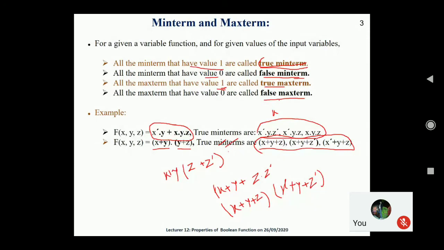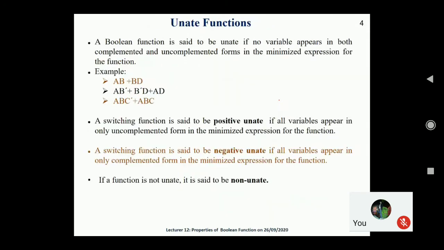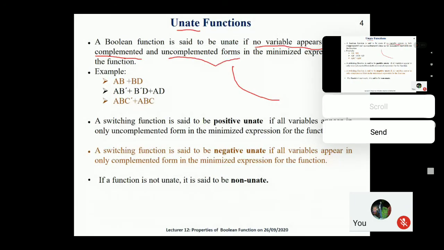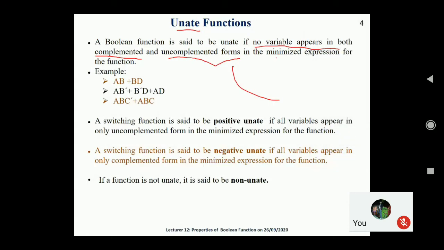Okay, now see here, this is the Boolean function, but before we go into the detailed discussion about the Boolean function, there is another particular function you have to know, called a unit function. What is a unit function? A function is said to be unit if no variable appears in both complemented and uncomplemented form in the minimized expression, not a normal expression, in the minimized expression.